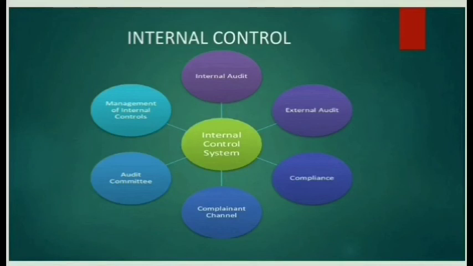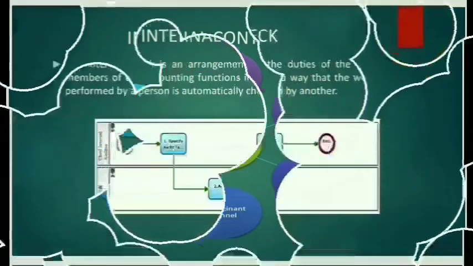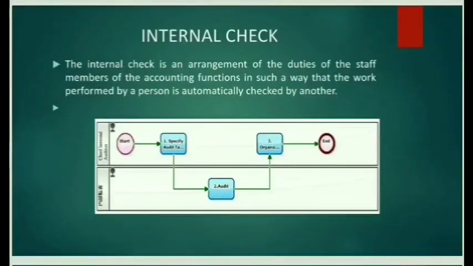Accounting control comprises the plan of the organization, procedures and the records that are concerned with the safeguard of the assets and the liabilities. What is administrative control then? It comprises a plan of an organization that is concerned mainly with operational efficiency.